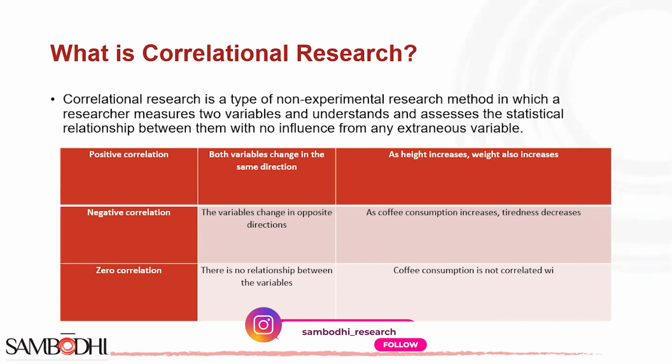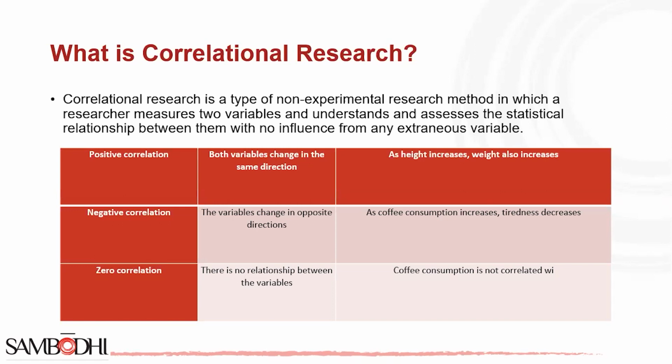The correlation coefficient shows the correlation between two variables. A correlation coefficient is a statistical measure that calculates the strength of the relationship between two variables. Its value lies between -1 and +1.